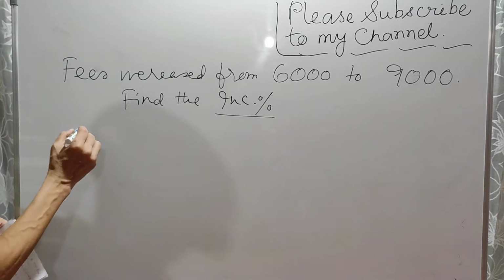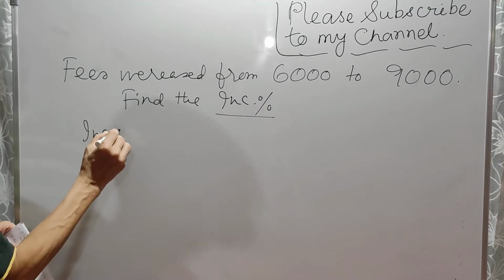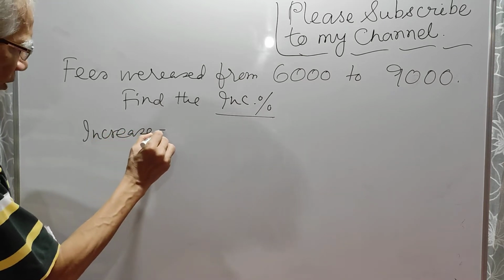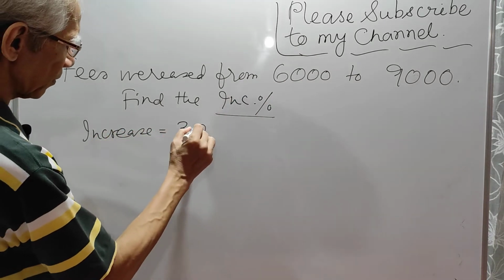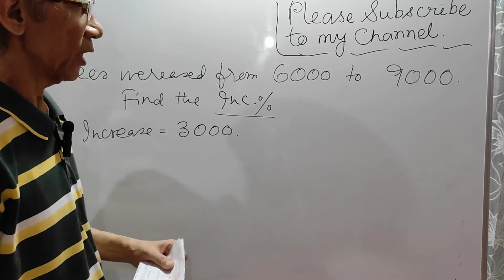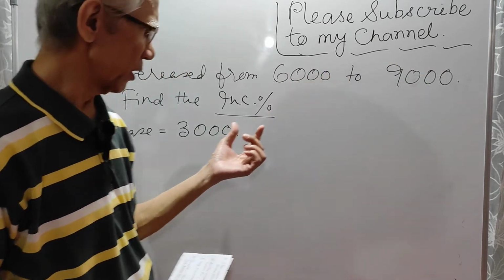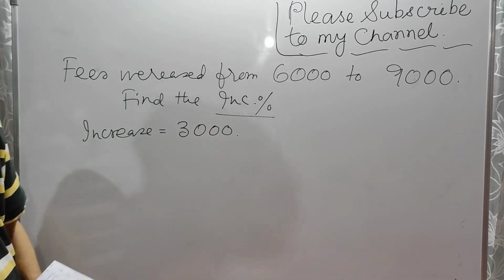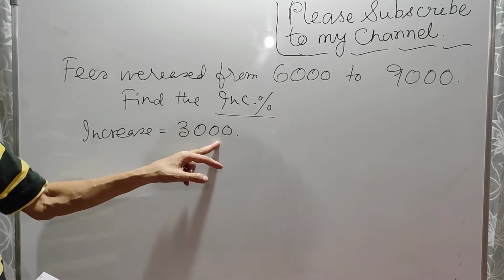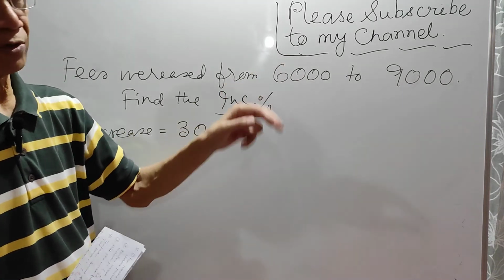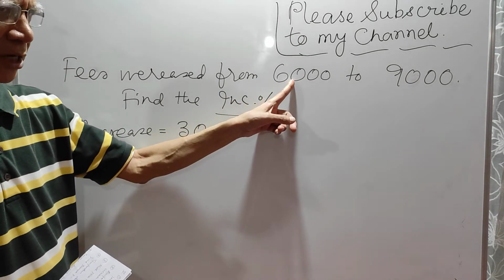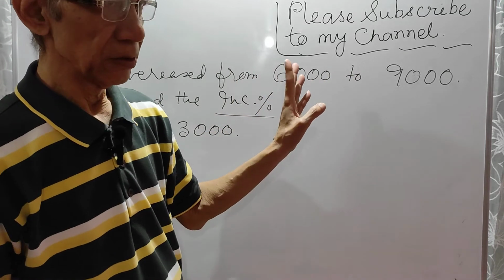Now first of all you find the increase. What is the increase? 9,000 minus 6,000, 3,000. The increase is 3,000. Now you have to express this 3,000 as a percentage of 6,000. Always the original number, not higher or lower.